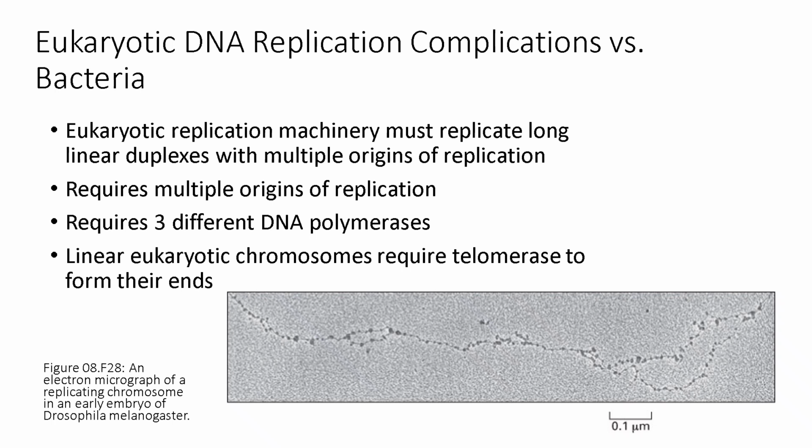Furthermore, 3 distinct DNA polymerases, alpha, delta, and epsilon, must work together to synthesize the genome. An additional challenge arises from the linear nature of chromosomes. Without a mechanism to replicate the very ends, important genetic material would be lost over successive cell divisions. To solve this, eukaryotic cells rely on the enzyme telomerase.